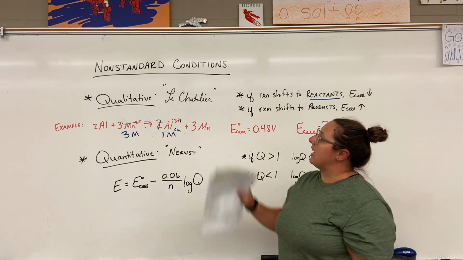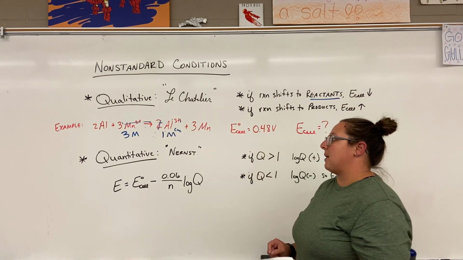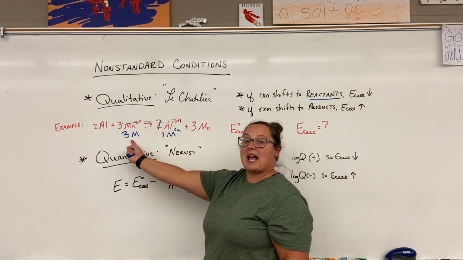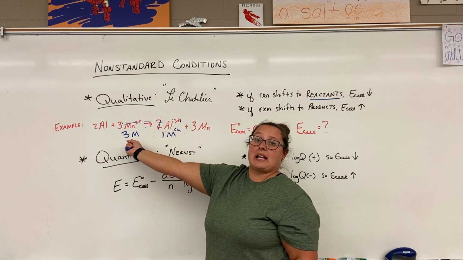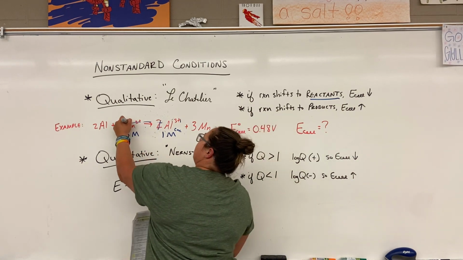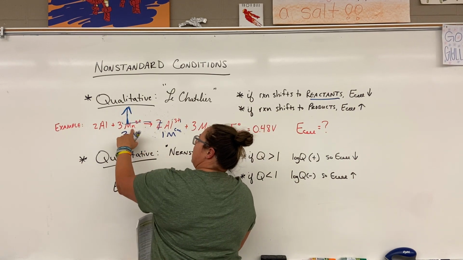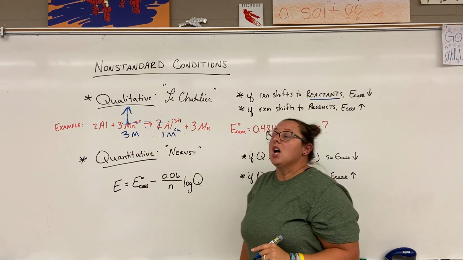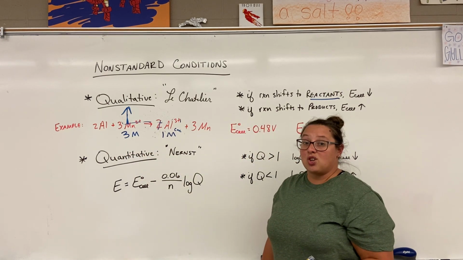So I apply Le Chatelier. I ask myself, where is the stress applied? The stress is applied at manganese. What exactly happened? I have increased the manganese concentration to higher than 1 molar. Well, what will happen as a result?